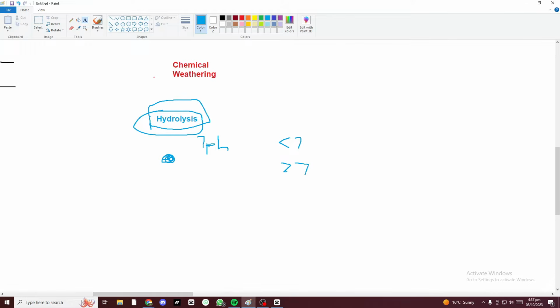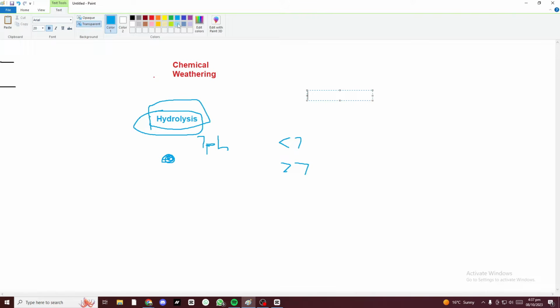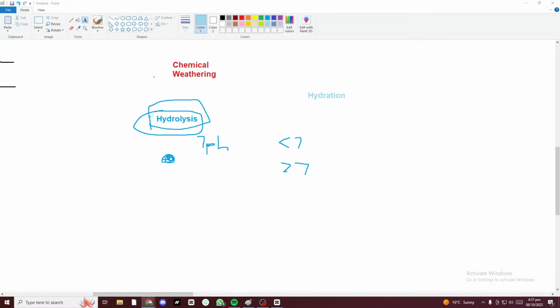Okay, second type is hydration. So hydration occurs when certain minerals in rocks absorb water. This allows these minerals to expand, and it causes stress within the rock.